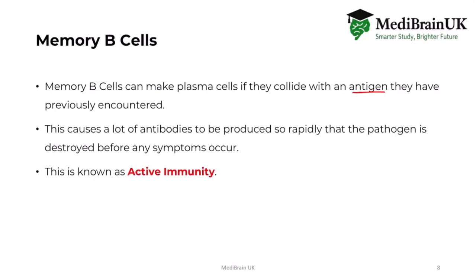This is an example of active immunity because your body has actively made the antibodies, the plasma cells, the memory cells by itself. It's not taken any other needs to produce these memory cells or antibodies. That's why this is active immunity, because your body has actively worked to produce these memory B cells.